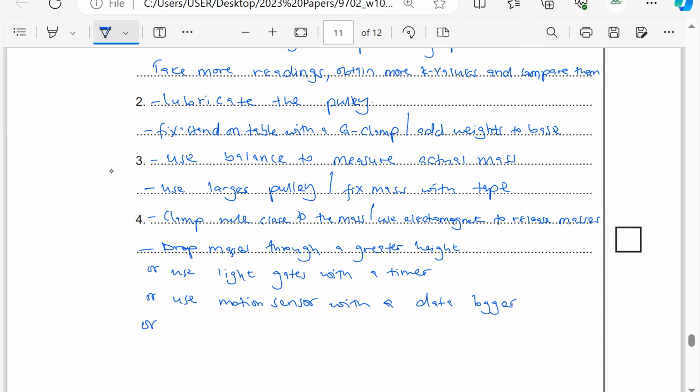Alternatively, for such small values of time, you could use a video camera with a timer to record the experiment and then view frame by frame.